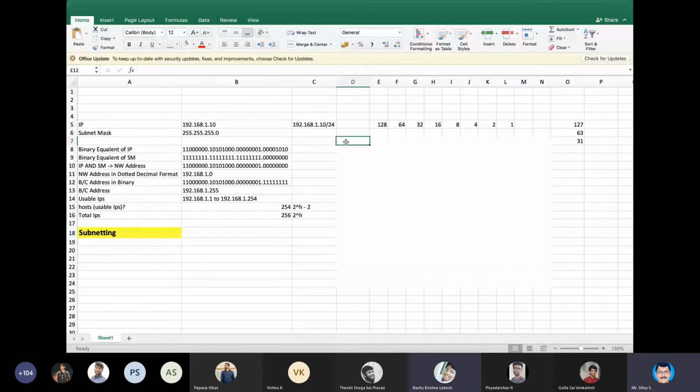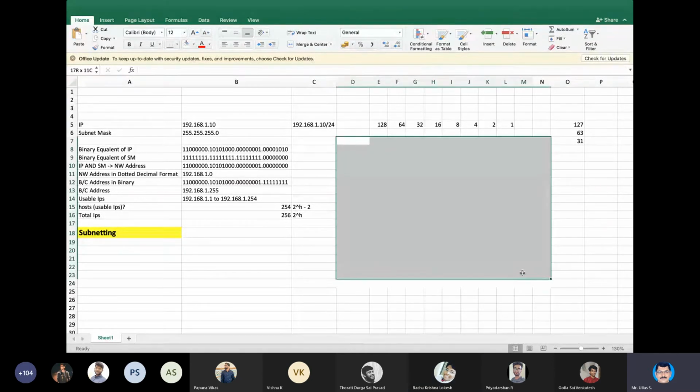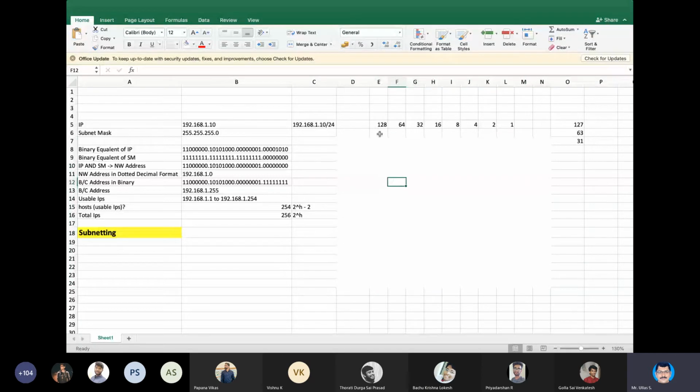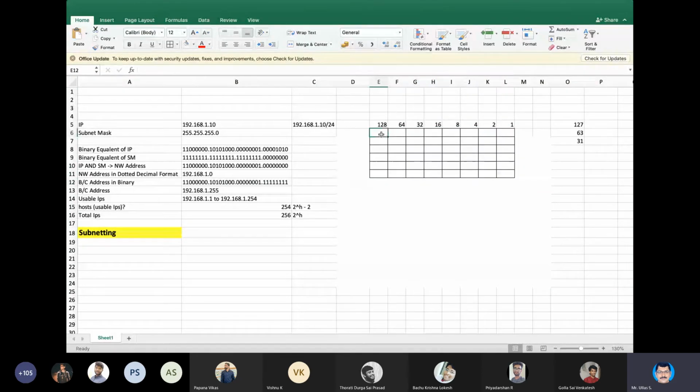Now let us work on this again. So these 2 bits I cannot use, they have gone for host. Now remaining 6 bits, what is the first combination? 0 0 0 0 0 0.